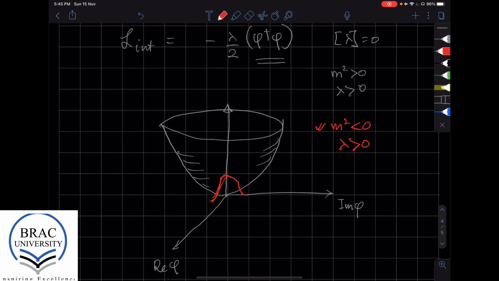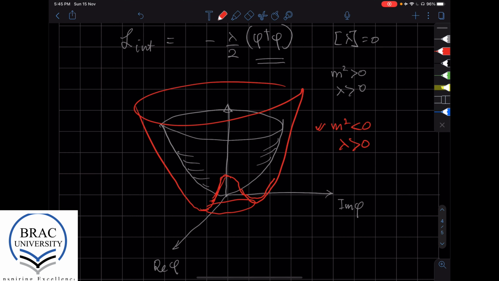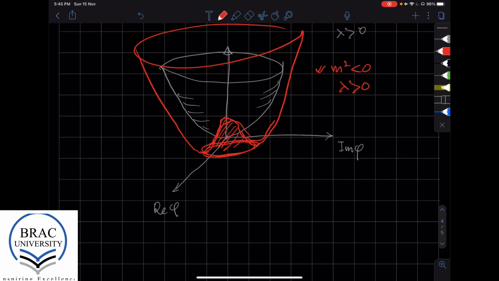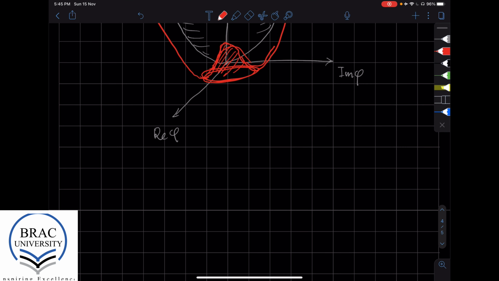So it'll go down like this, and then at some point it'll rise up, and what we will have is something like this, where at the bottom we have this little dip. So this looks like the bottom of a wine glass or a Mexican hat. Such potentials are called Mexican hat potentials, or sometimes wine bottle potentials.